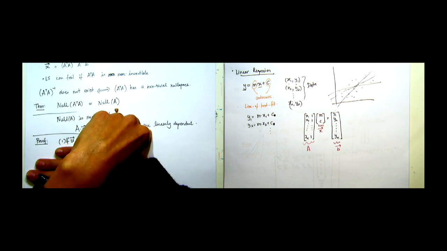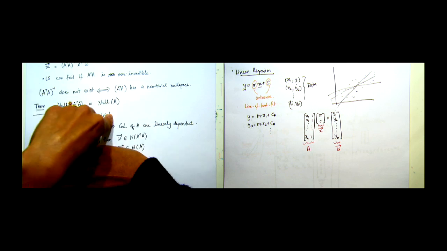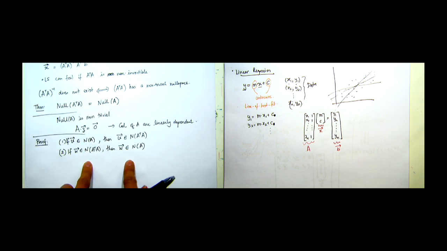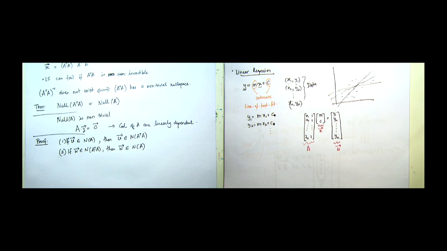So that means that one is a subset of the other, but it doesn't show equality. This also shows a subset relationship. And so you want to say that everything here is in here, and everything here is in here, then the two must be equal. But if everything here is also in here, this might have other things that are not in here, so that doesn't show equality. To establish equality, you need to show this both ways.